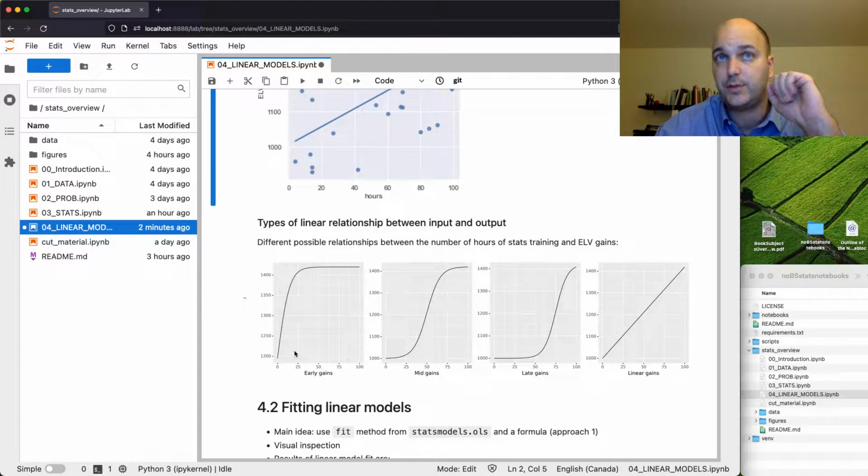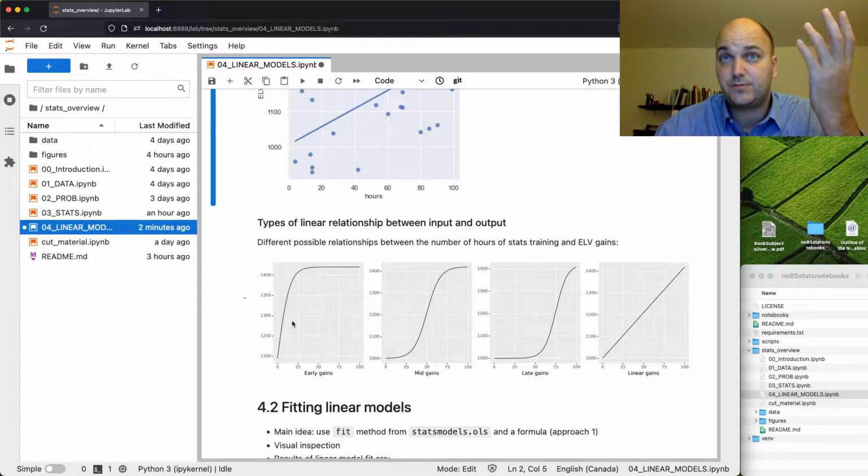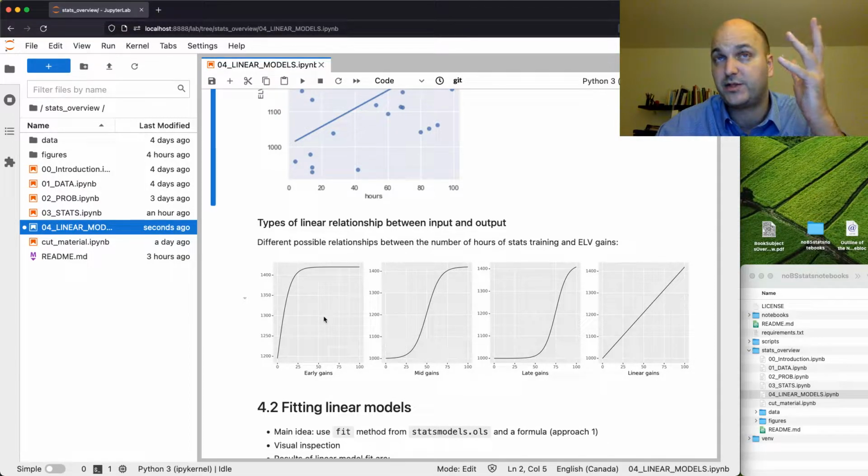Here are non-linear models. It's very possible that maybe 25 hours of training is enough and then there's no benefit after that. This is like early gains. Imagine data that behaves like this. Mid gains would be no benefit in the beginning, so almost zero slope, all the gains happen after 50 hours, and then again it flattens out.